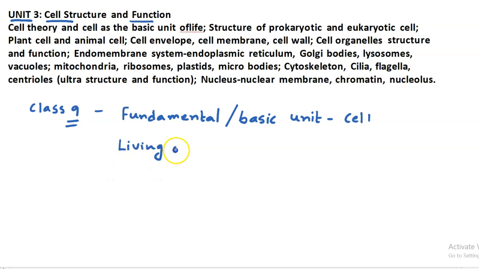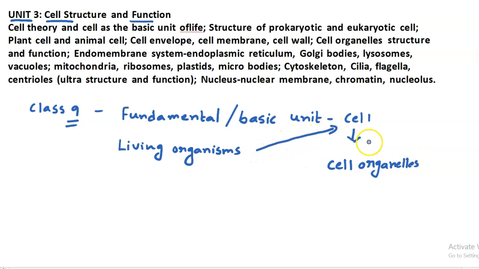When we said all the living organisms are made up of cells, let us see what the cell is made up of. Cell is made up of cell organelles. So this indicates living organisms are made up of cells, and the cell is made up of cell organelles.